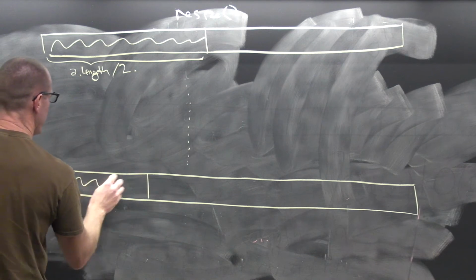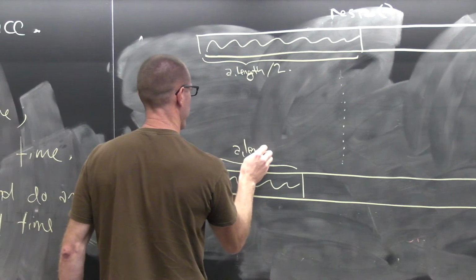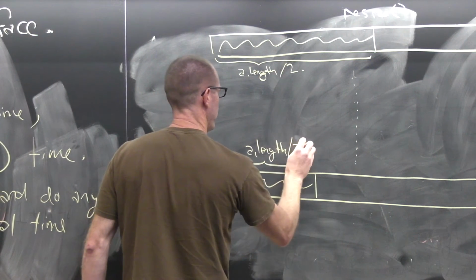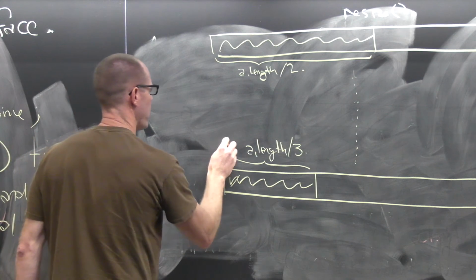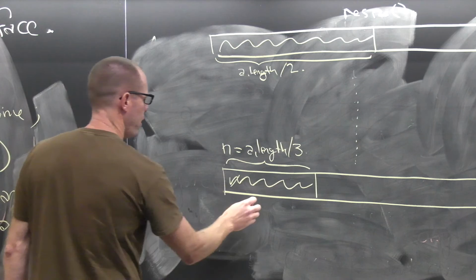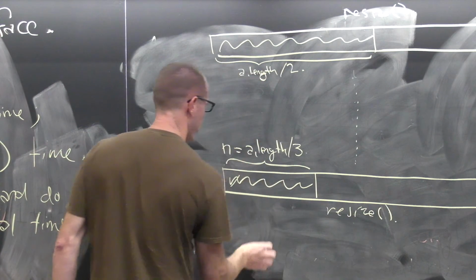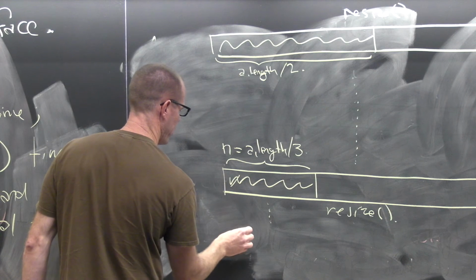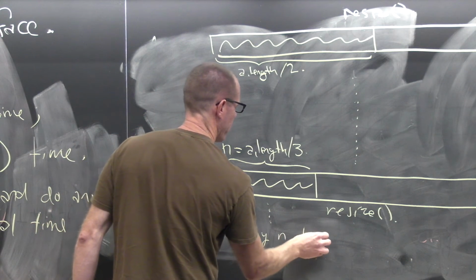Now the number of elements in the array is only a dot length divided by 3. So let's say n is equal to a dot length divided by 3, and you're calling resize, so you're going to copy n elements.